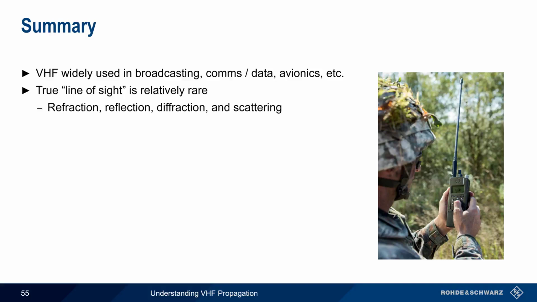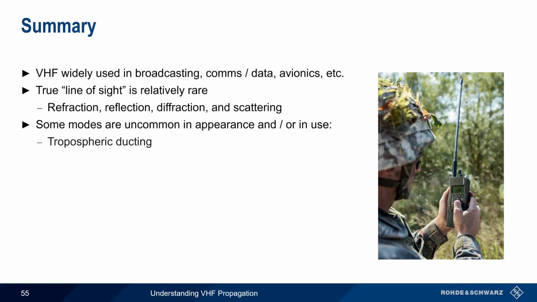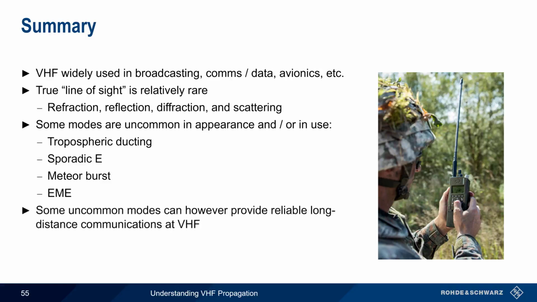In addition to these common propagation modes, there are also several uncommon modes at VHF, that is, uncommon either in appearance and/or in use. The ones we've covered in this presentation are tropospheric ducting, sporadic E, meteor burst, and EME. Although some of these modes are not suitable for reliable communications, others, such as meteor burst and EME, can provide reliable long-distance communication at VHF, and can do so without any additional infrastructure between the stations.